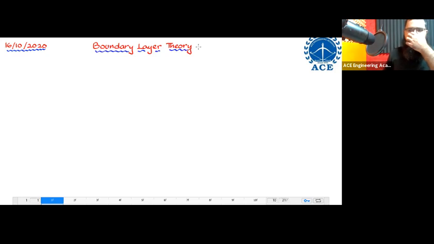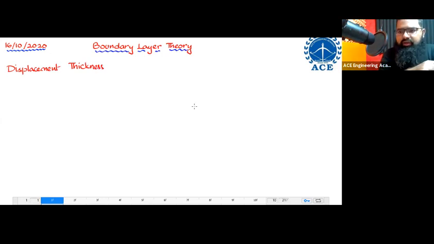What we're going to start today is known as displacement thickness. Very important topic. Many times 2 mark questions appear from here, especially in the mechanical paper.